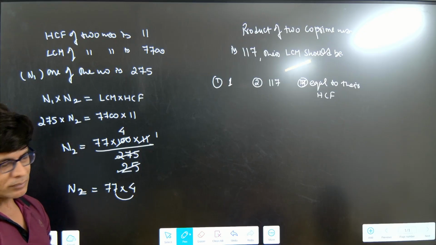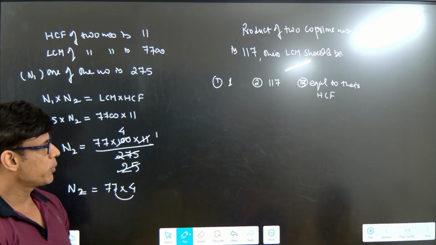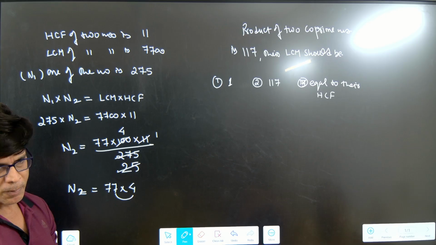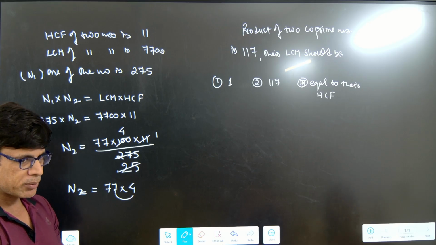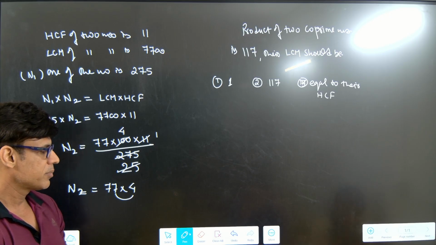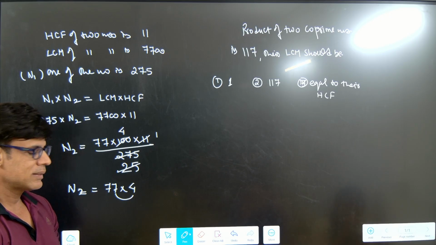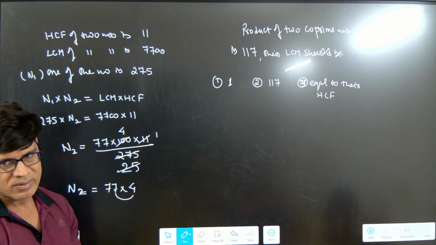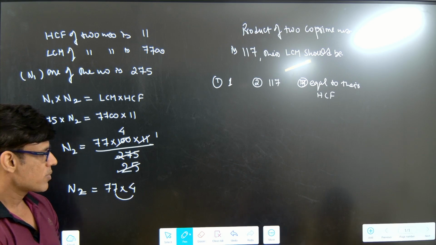LCM should be. The product of the two is 117. Out of two co-prime numbers, product 117, what will be their LCM? Think about it.